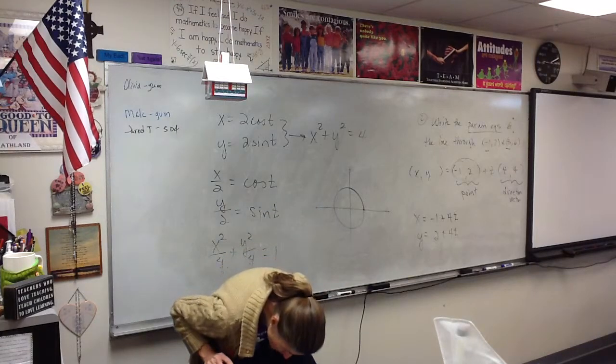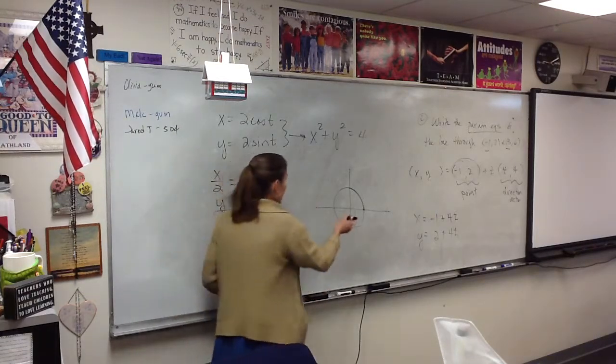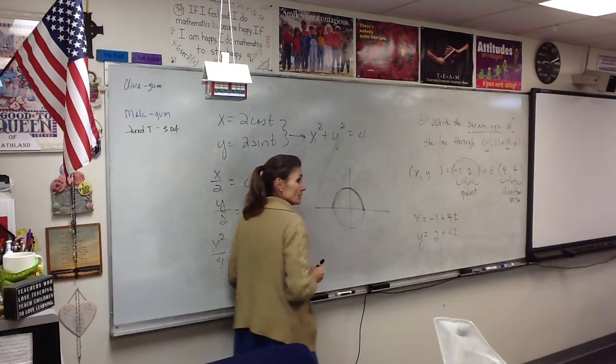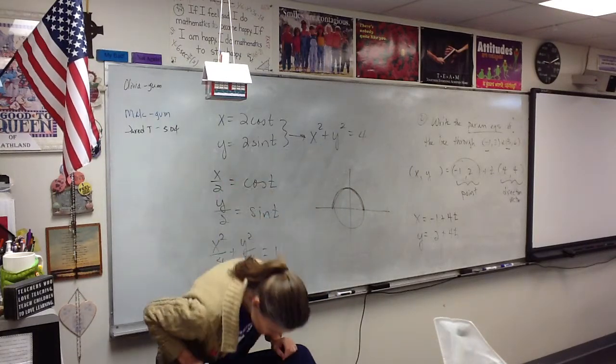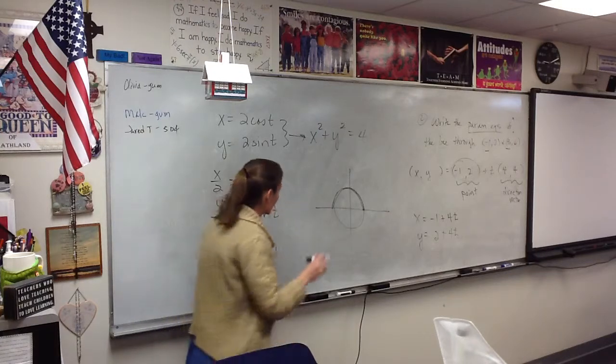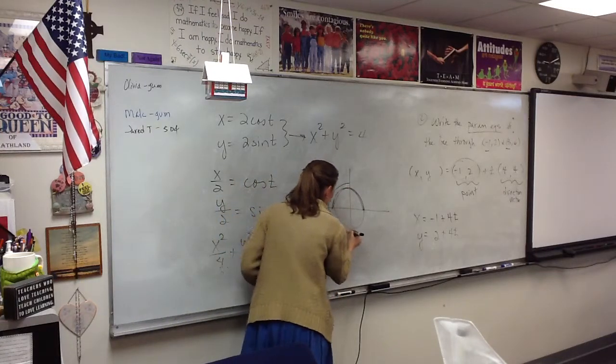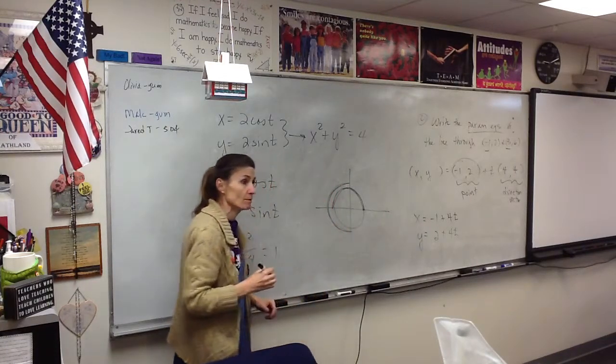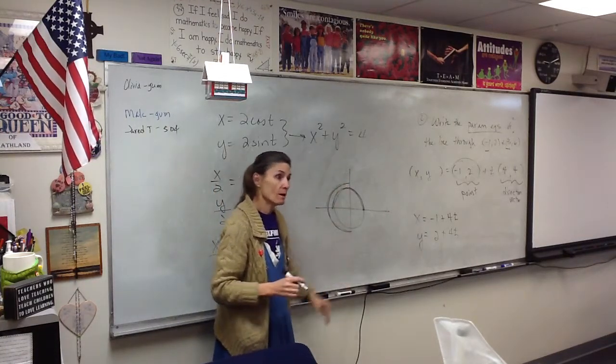Well, what if you wanted the part above the x-axis? What if you only wanted to graph this part right here? 0 to pi. What if you only wanted to graph the part to the left of the y-axis, this part right here? What would you tell it if you wanted that part? Pi over 2 to 3 pi over 2.